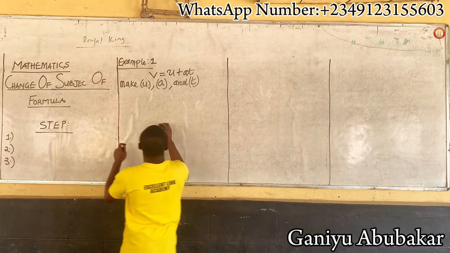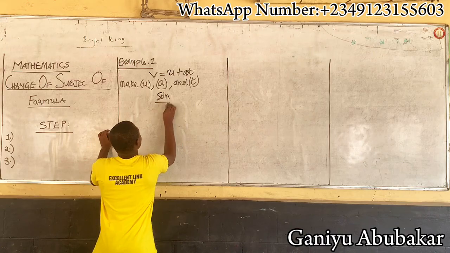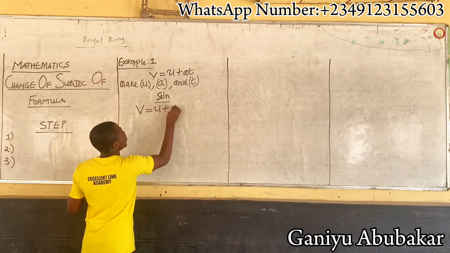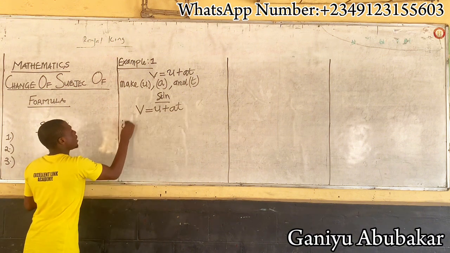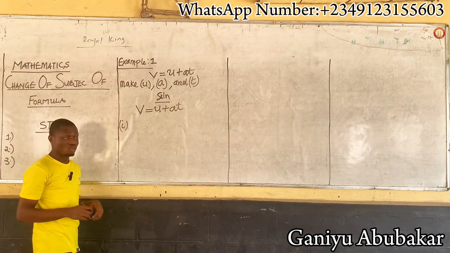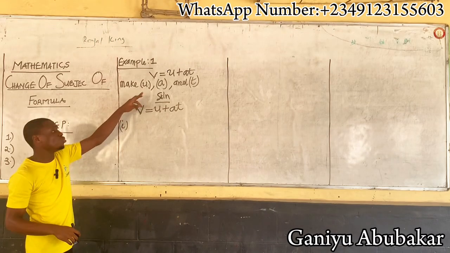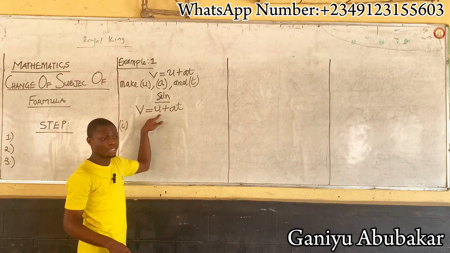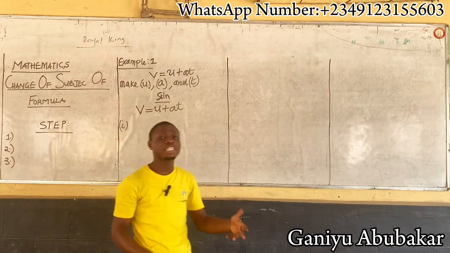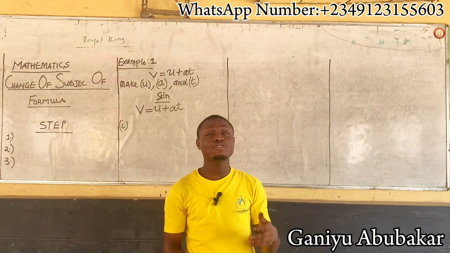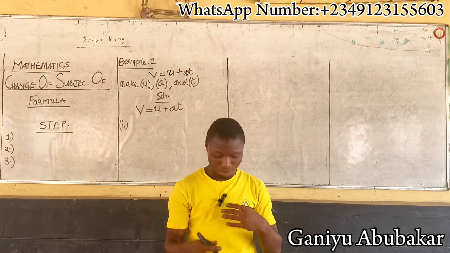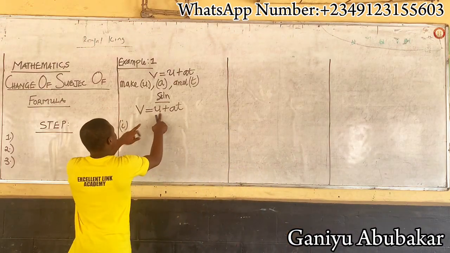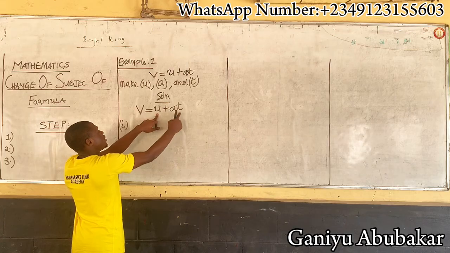So let's do the solution. The equation is given by v equal to u plus at. My first question says I want to make u the subject. If you're asked to make something the subject, it means you're asked to make sure that thing stands alone. To make u stand alone, I'll take plus at to the other side.